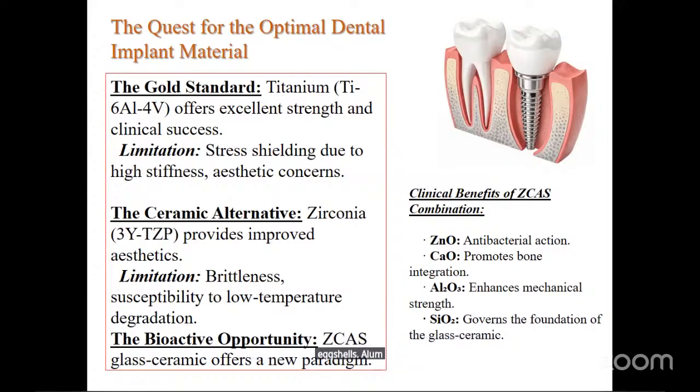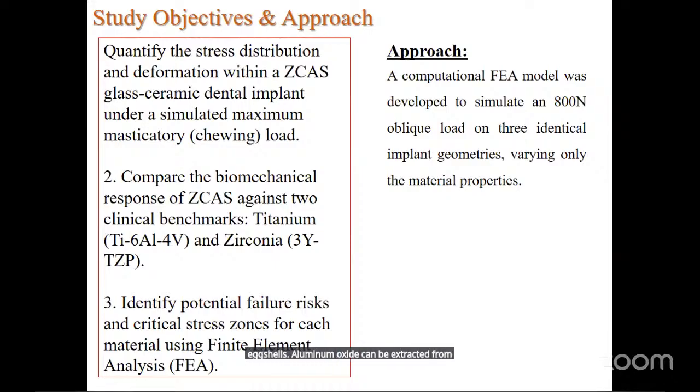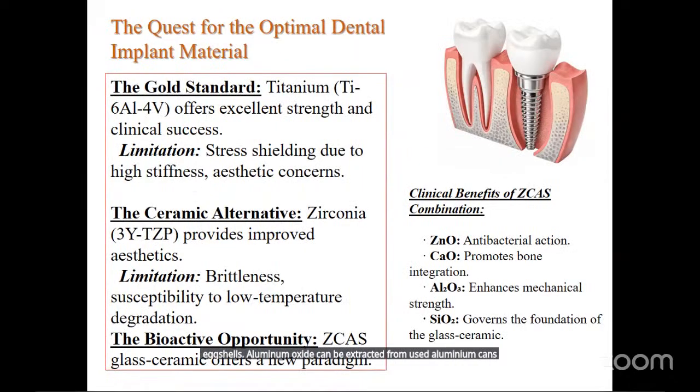Aluminium oxide can be extracted from used aluminium cans, and silicon oxide can be extracted from broken glasses. So this combination of zinc, calcium, aluminium, and silicate components is a very good and sustainable material. We are trying to see if it can also be used for dental implants.